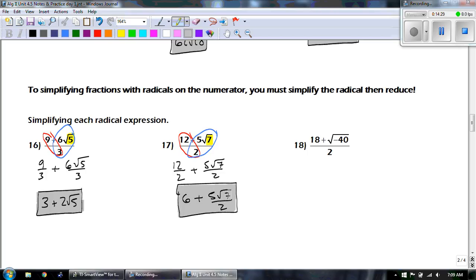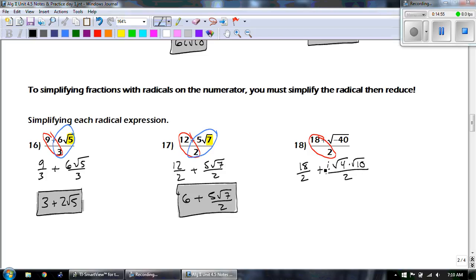Okay, so this is the first time we can see that the square root of negative 40, we can break down. So I would still break up the 18 over 2, and then the negative 40 would be i, and 40 breaks down to square root of 4 and square root of 10 all over 2.